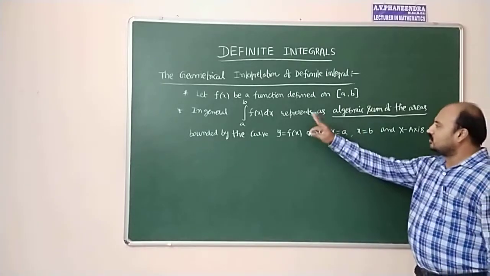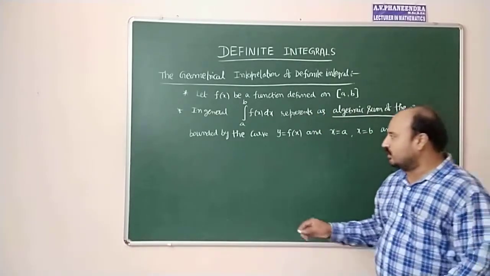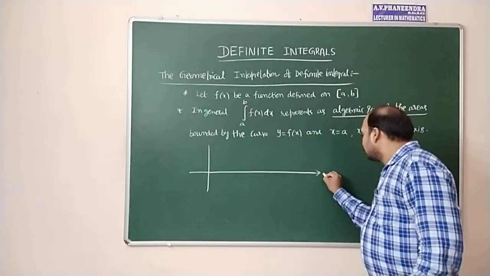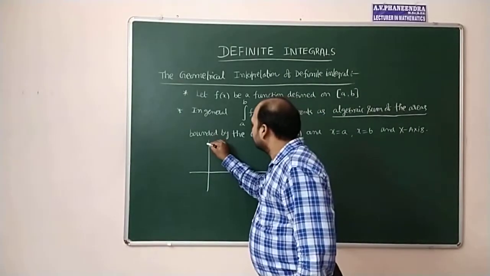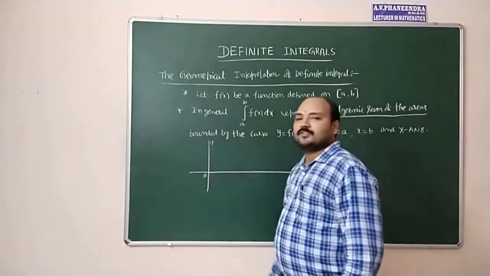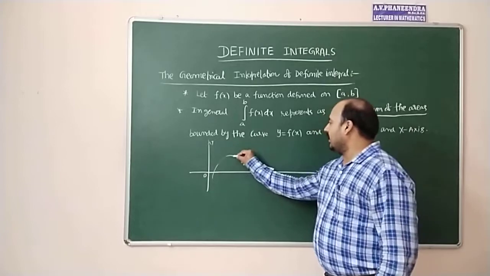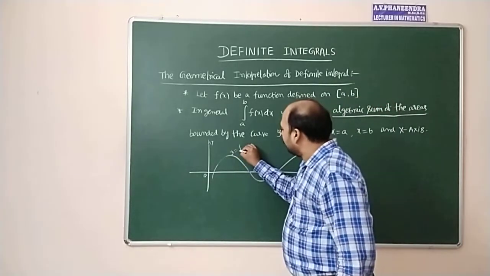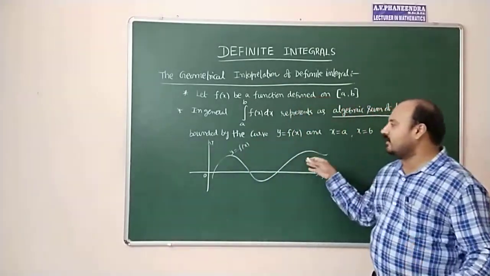See here how the definition looks in the diagram. Here are the x-axis, y-axis and origin. Suppose the curve we can take like this, y is equal to f of x curve. It is not exactly a sine curve, just a y is equal to f of x curve.